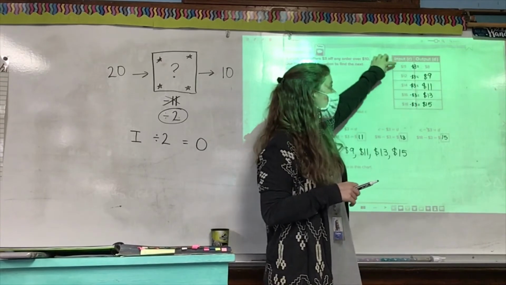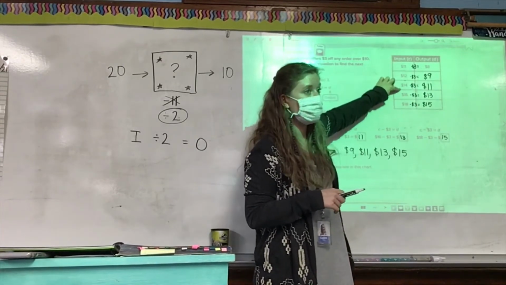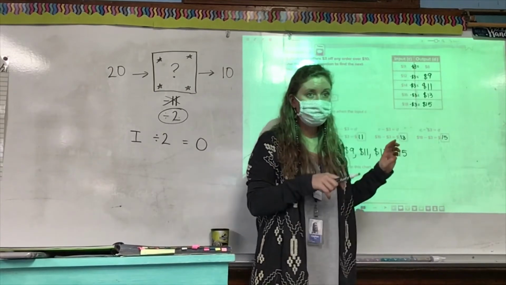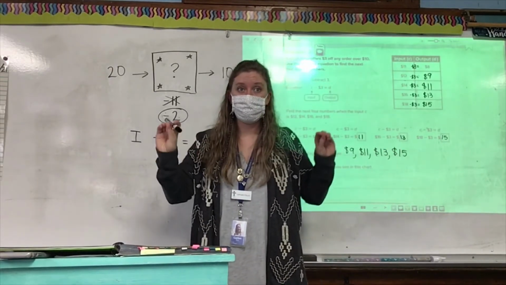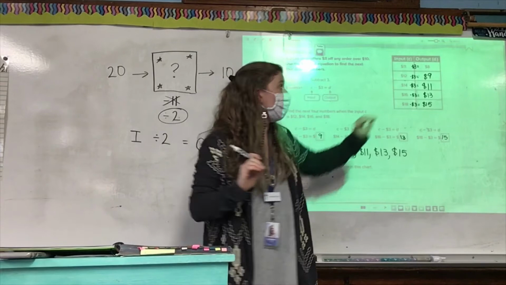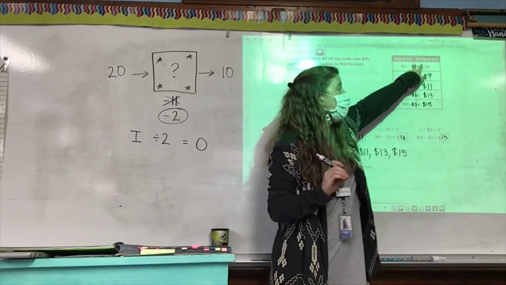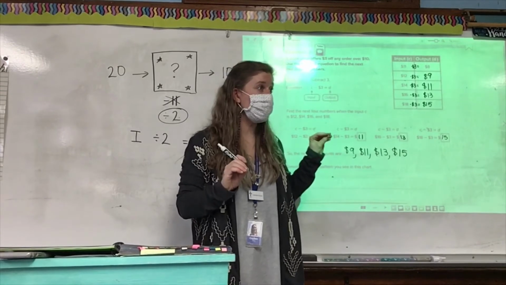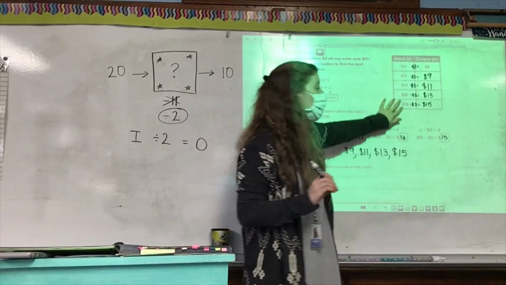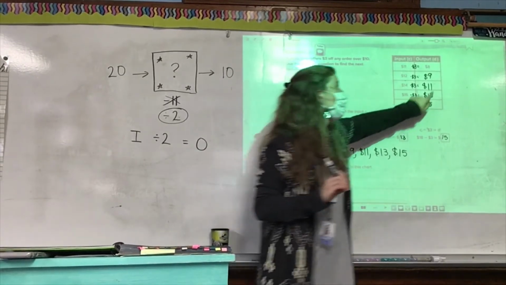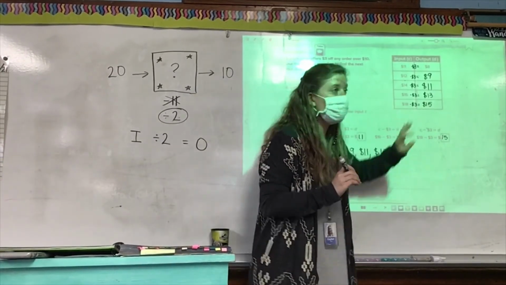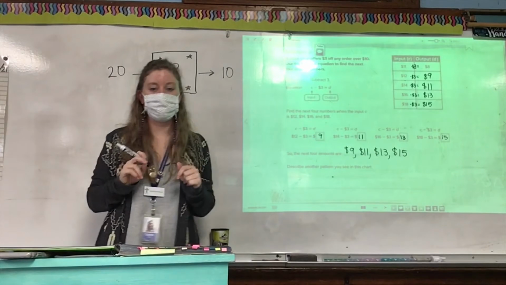We would not find a rule by going from input to input to input, or output to output to output. That's not how input-output tables work. The rule goes from input to output. But a pattern observation can be what you see in the inputs, what you see in the outputs, something different you see, whatever. You just have to be specific.